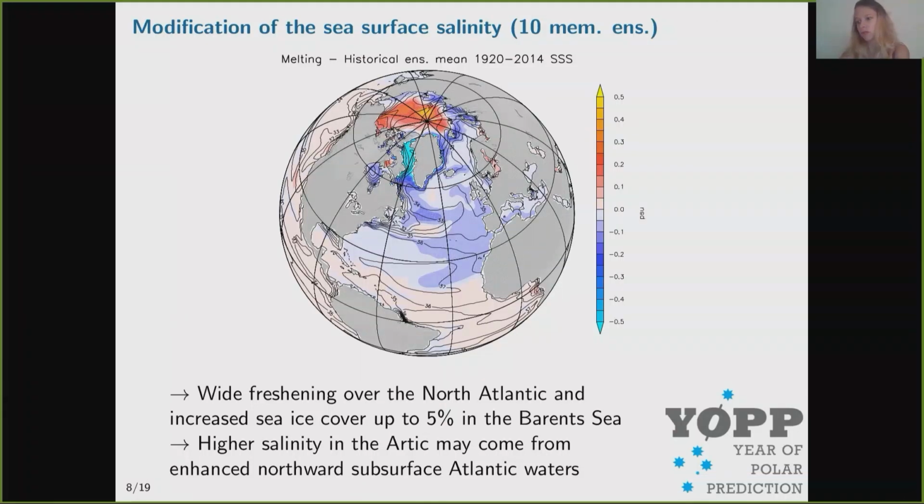We observe a wide surface freshening in the North Atlantic of about 0.1 PSU with a maximum of 0.5 in the Baffin Bay. An increase of about 0.2 PSU was found in the Arctic, and this salinity signal was also found in previous experiments where a large amount of freshwater was spread over the North Atlantic.